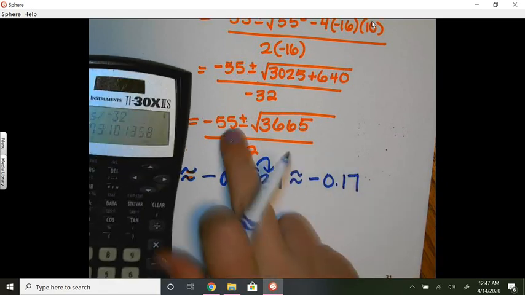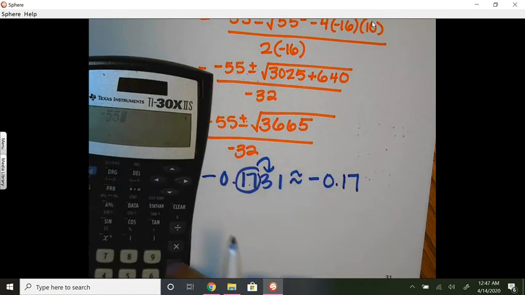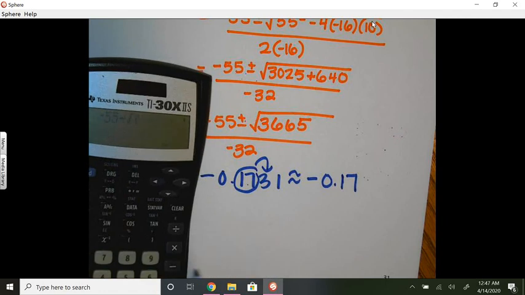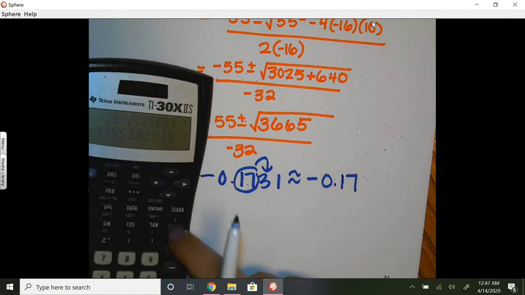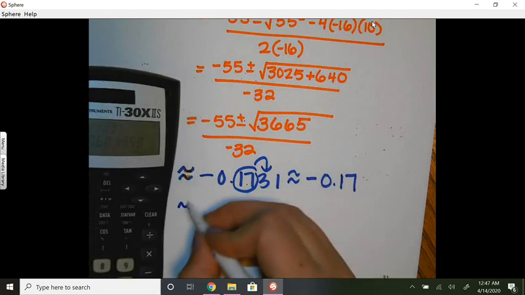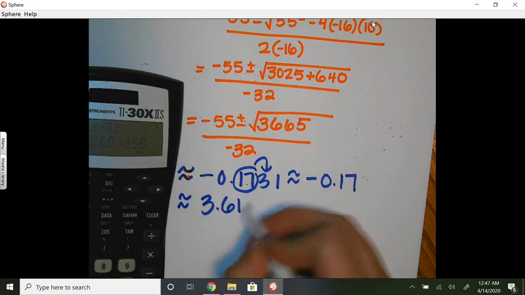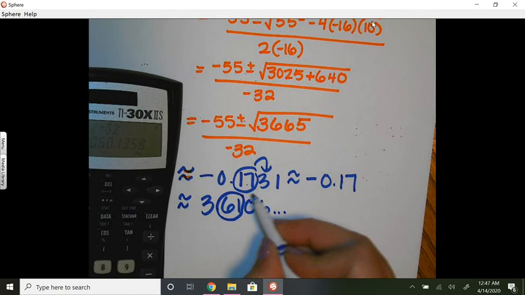Now we're going to do it again, negative 55 minus the square root of 3,665, click equals, and then divide by negative 32. And we get 3.6106, etc. We only want 2 decimal places, so we look to the third number.